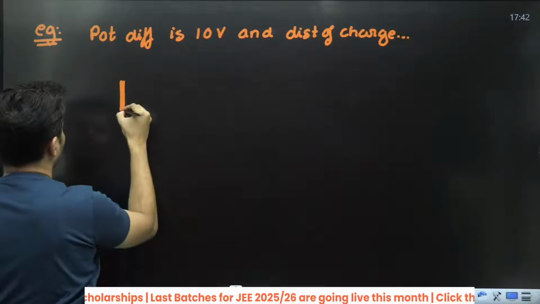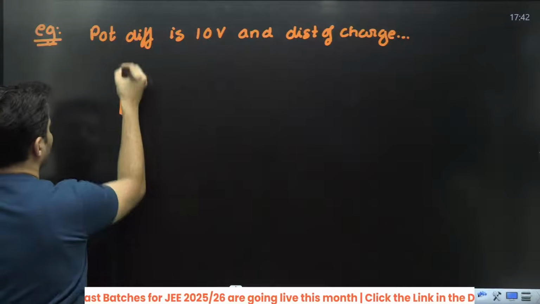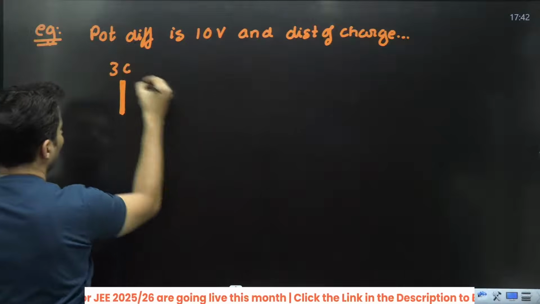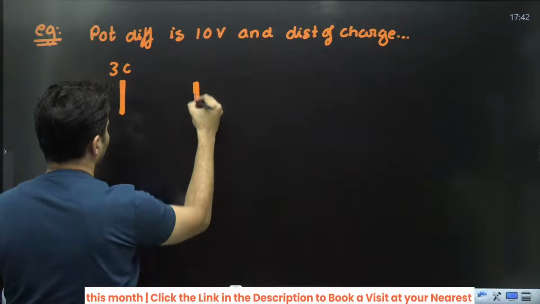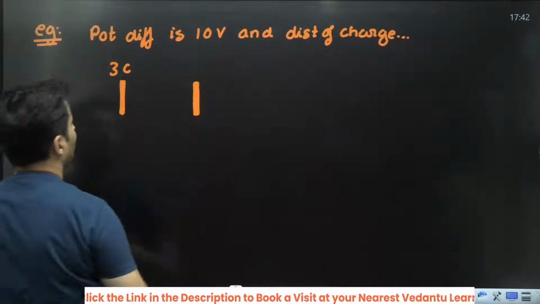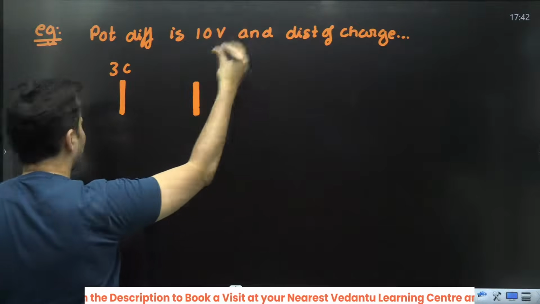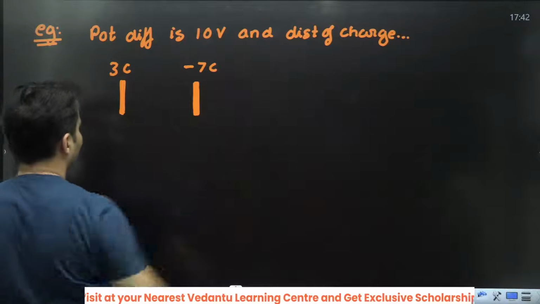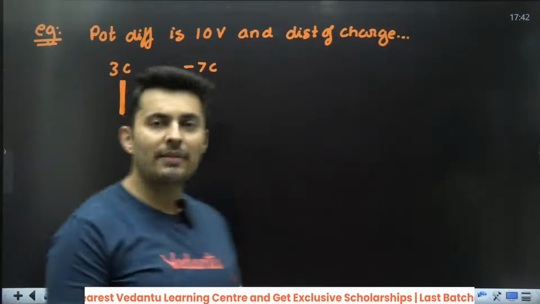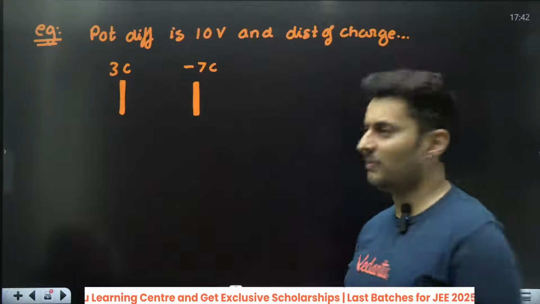The left plate is given, for example, 3 coulomb, and the right plate is given, say, I don't know, maybe minus 7 coulomb. Some random values I have taken, 3 coulomb and minus 7 coulomb.